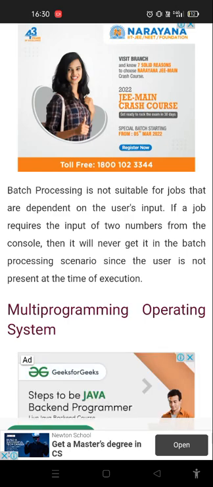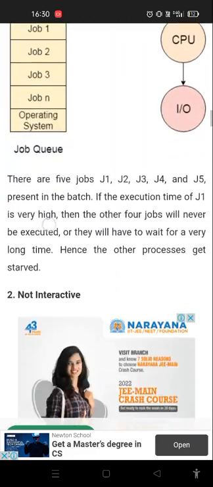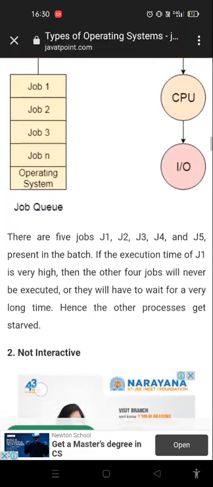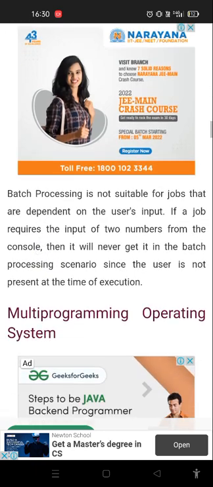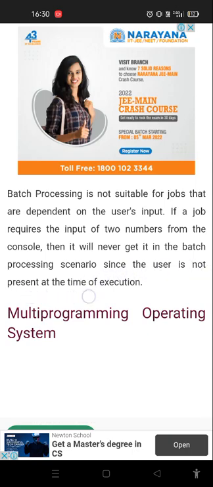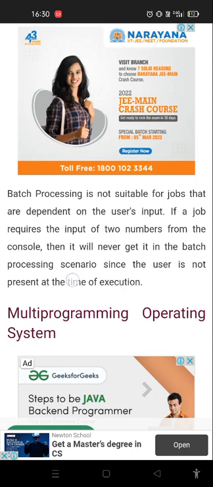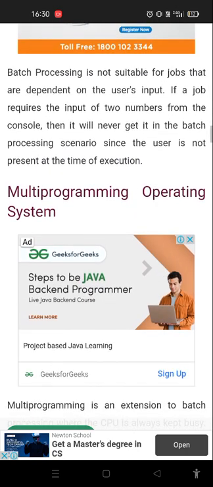So this is also a disadvantage. Why? Because, as you read here, it will never get it in the batch, since the user is not present at the time of execution. Multi-programming operating system we will see in next.